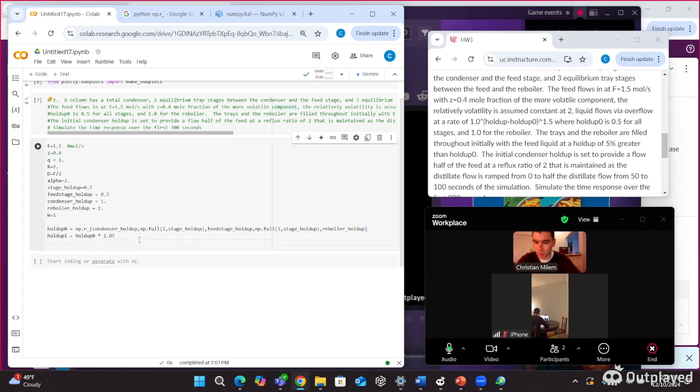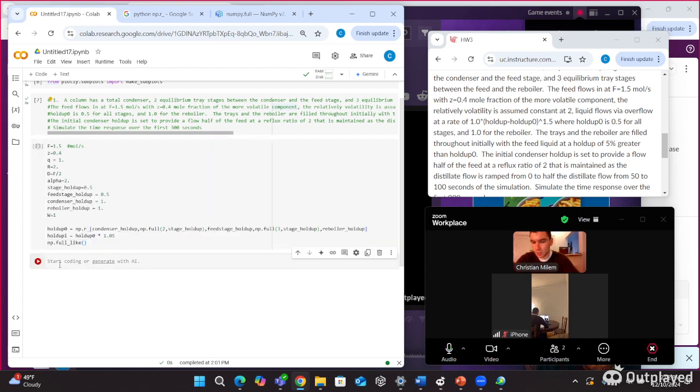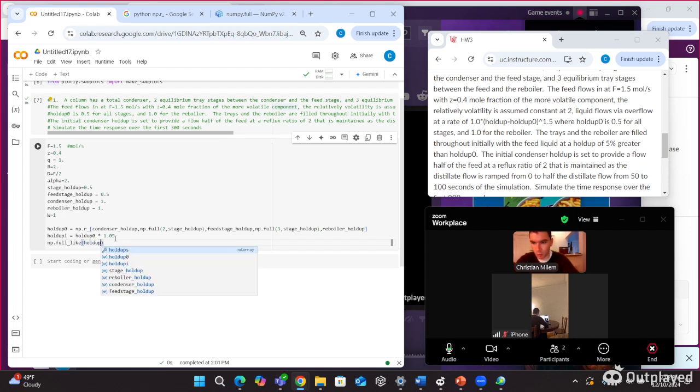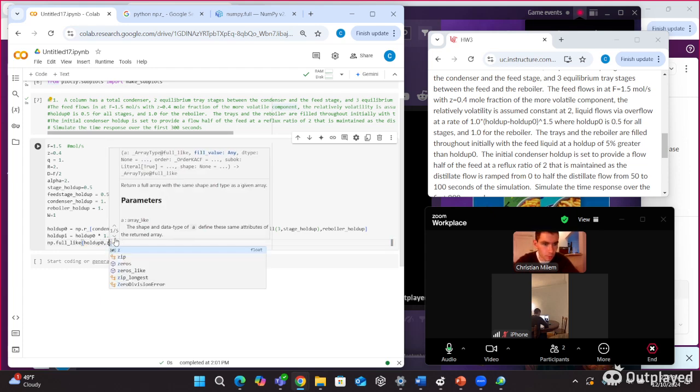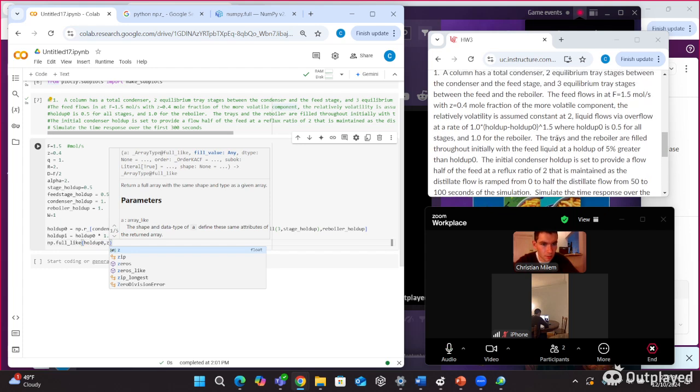So that's going to be np.full. And that's going to be, we want as many spaces as our holdup I, or not, I guess it doesn't matter. And we want it to be filled with values of Z. Is that what it's saying?